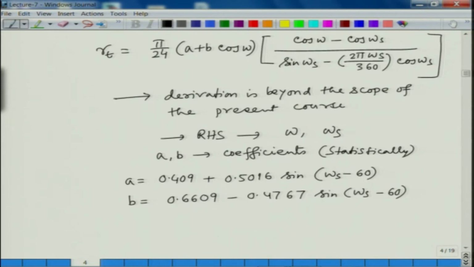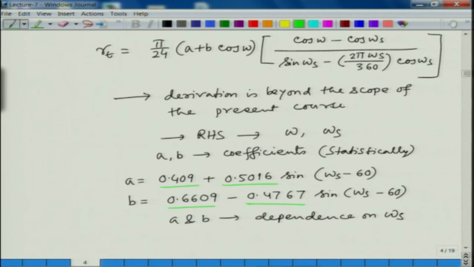Again you see that both A and B have dependence on this sunset angle. The coefficients that go into A and B are found out statistically over a lot of data.